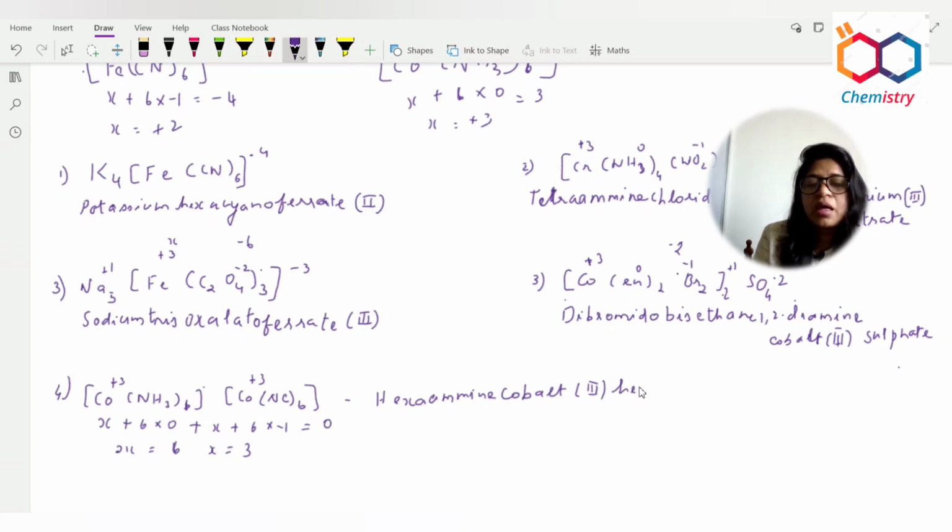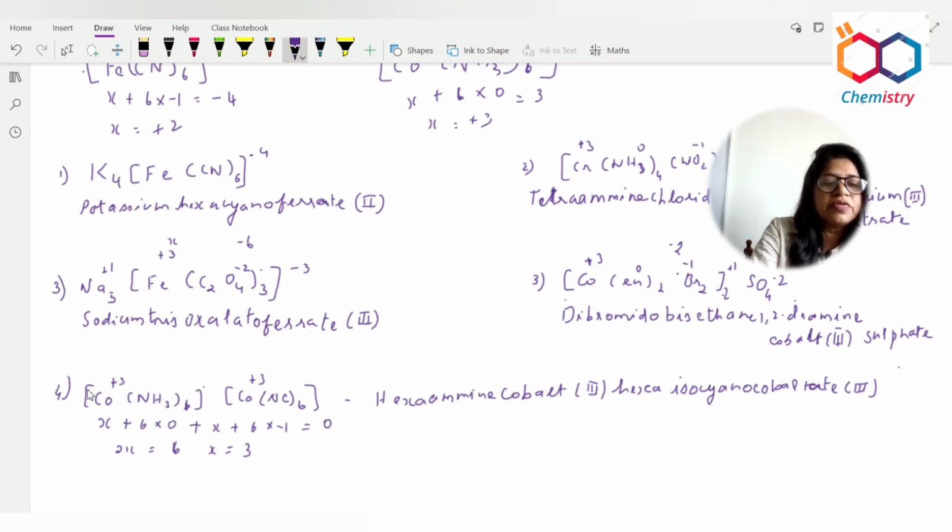Hexaisocyano, NC, no? So isocyano. It is a negative coordination entity, so the name of the central metal ion is cobaltate. Cobaltate(III). So this is how you name it.